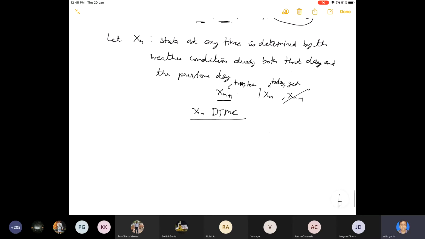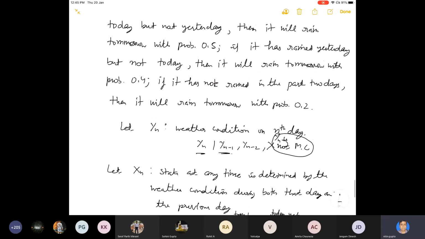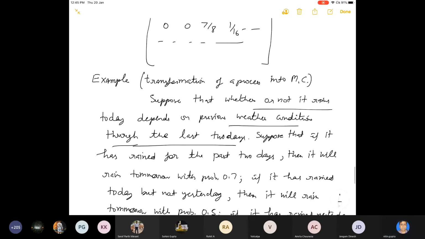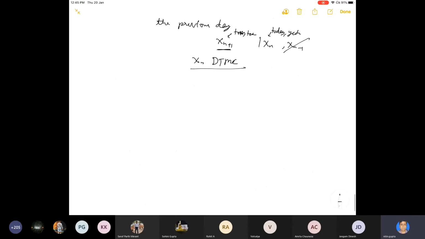In this fashion, depending on the question, we can transform the process into a Markov chain. Let us say we want to find the state space and the TPM of this Xn.